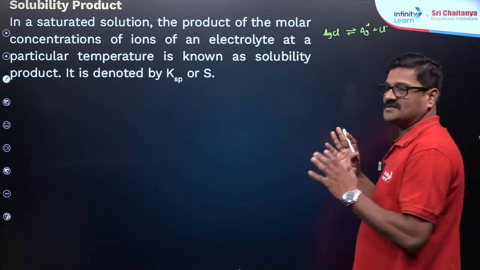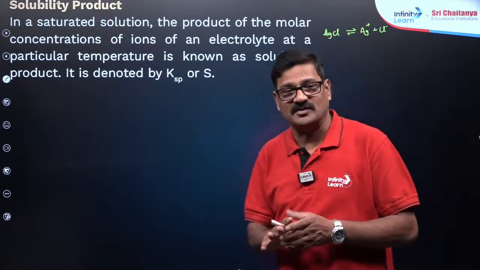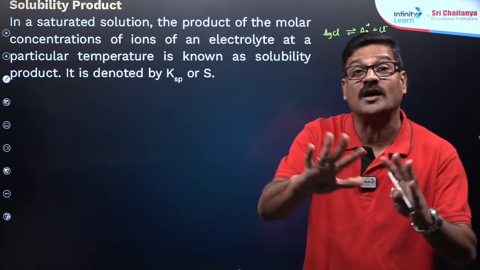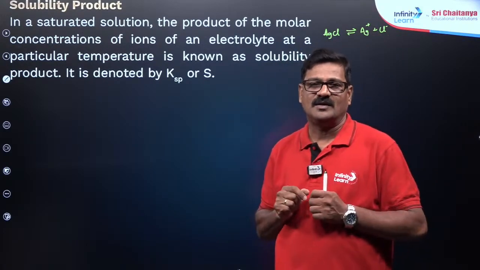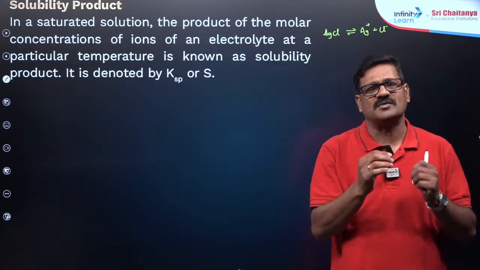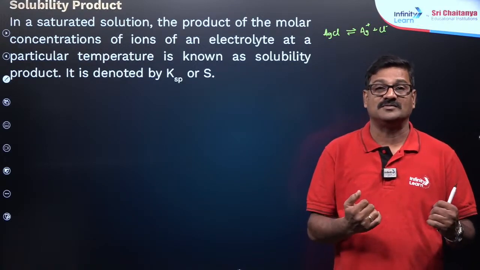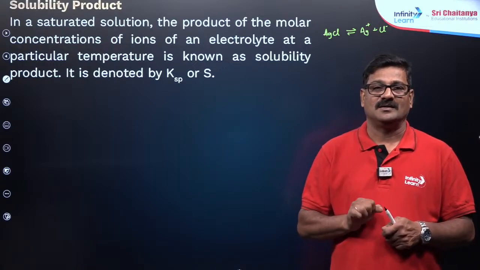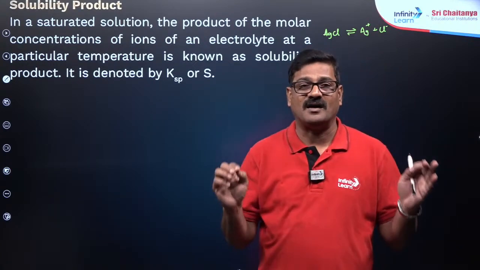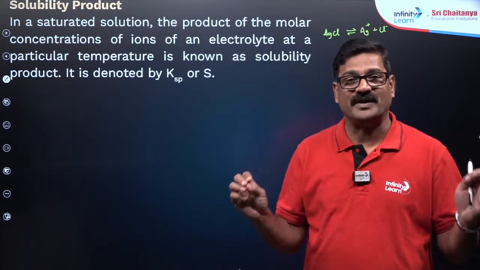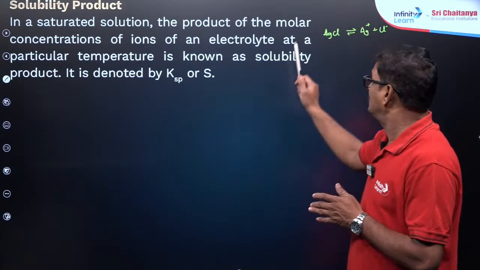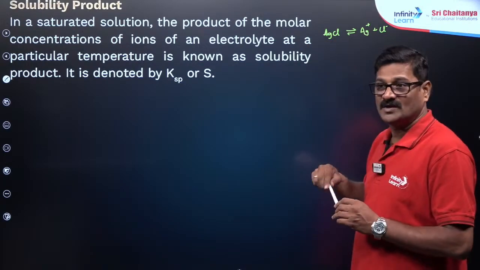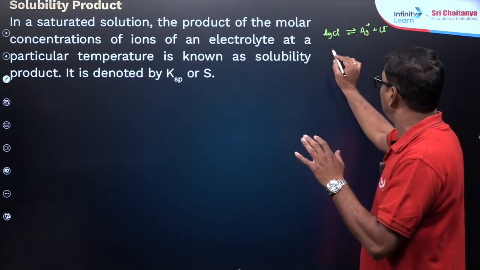Some salts are readily soluble, when put in water they dissolve immediately. Some are moderately soluble, some are sparingly soluble, they are hardly soluble. For such hardly soluble or sparingly soluble salts, equilibrium रहता है. So we have to apply the equilibrium principle.